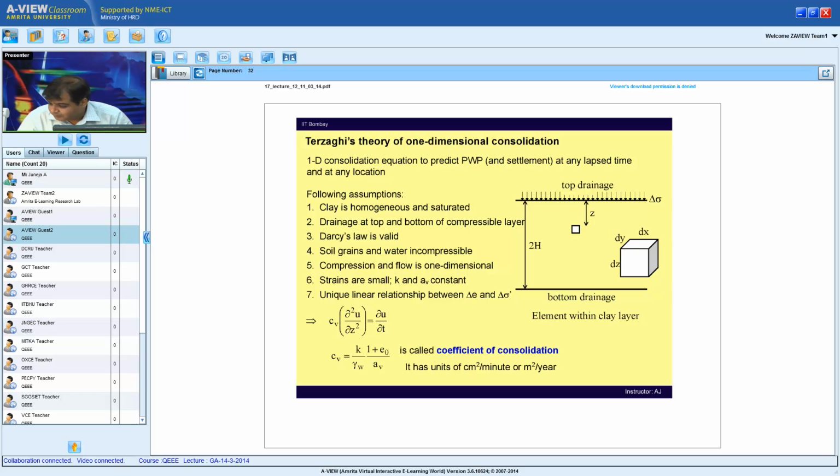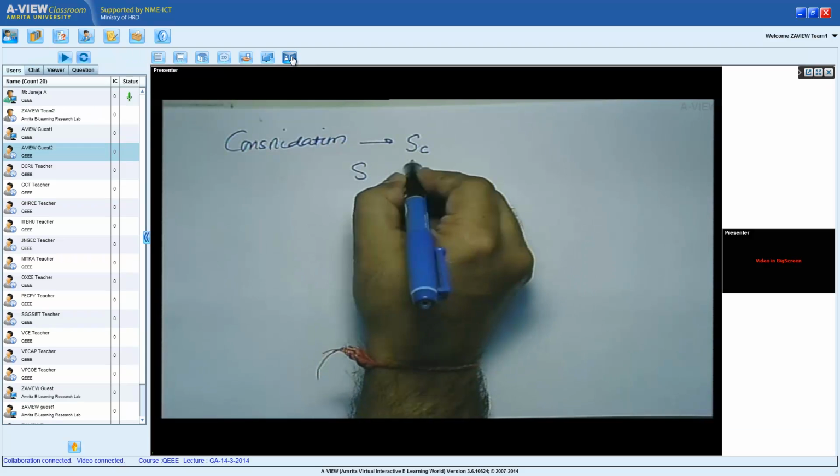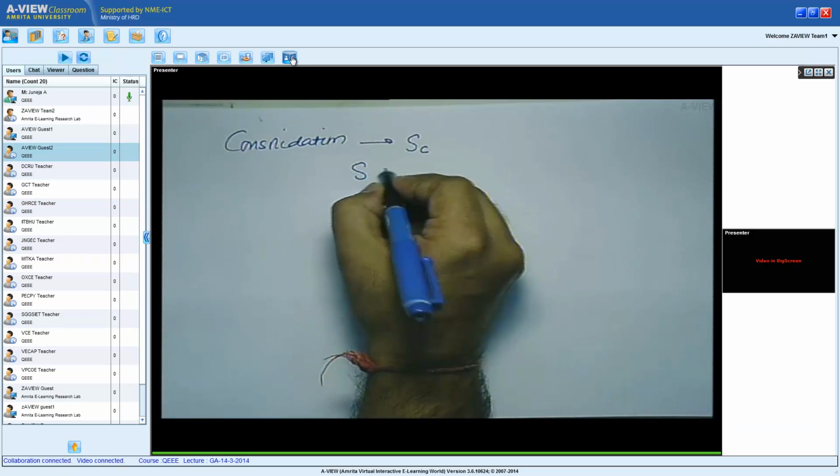We looked at a few things on consolidation, and I'm going to recap what we covered in the last class. We said we will only look at the consolidation settlement, which is usually represented by SC. Consolidation settlement is a part of the total settlement.